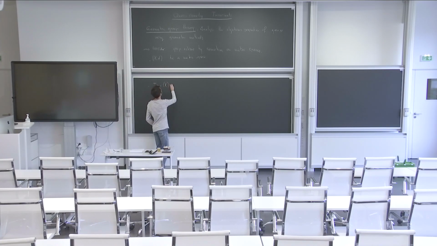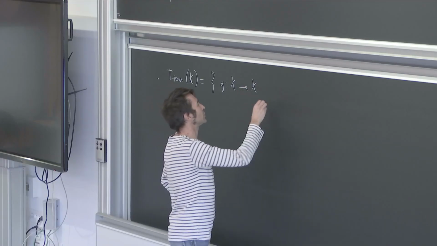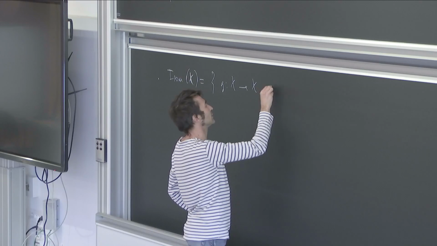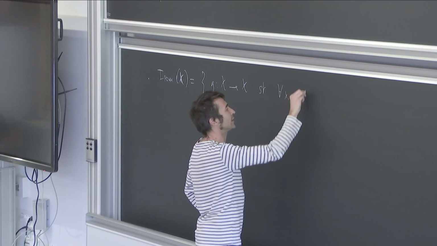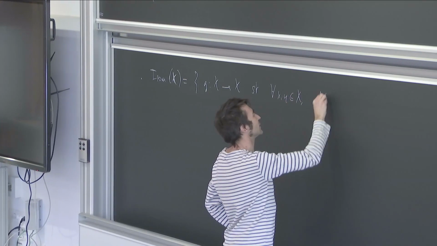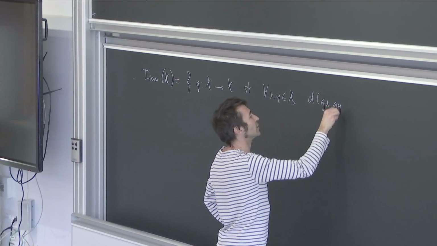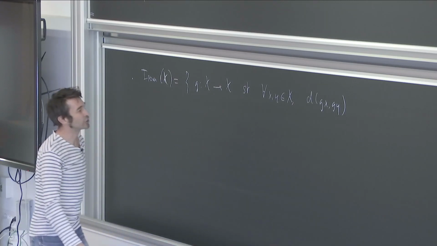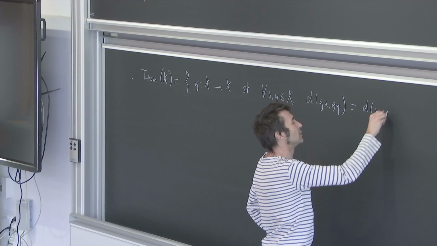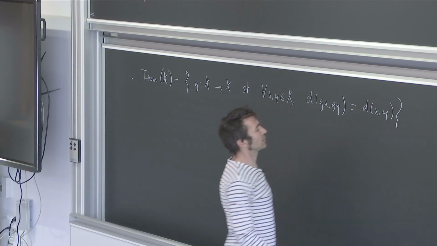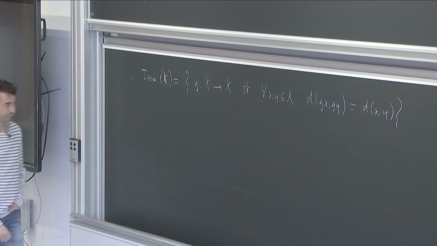So these are the maps g from X to X that preserve the distance, meaning that for any points x, y in X, if I look at the distance of the images of the two points x and y by g, then it is the same as the distance of x to y.